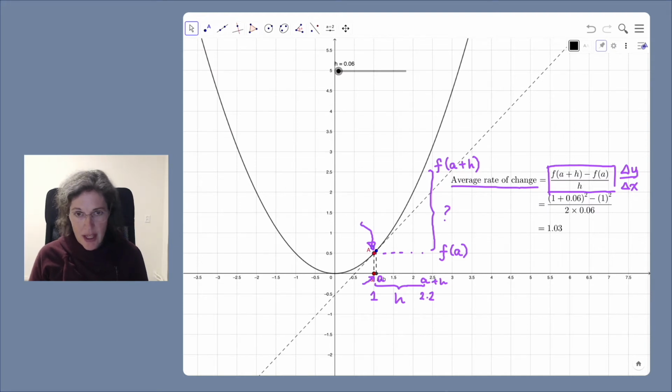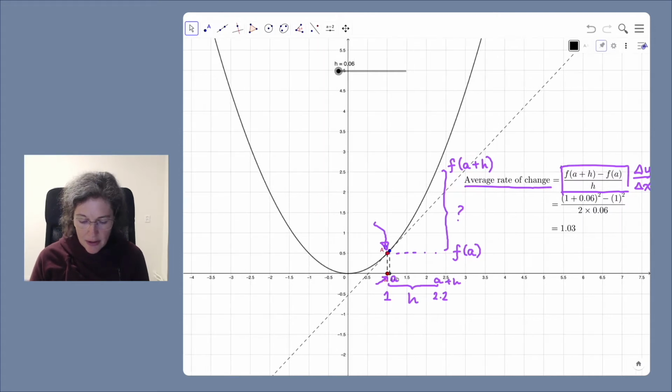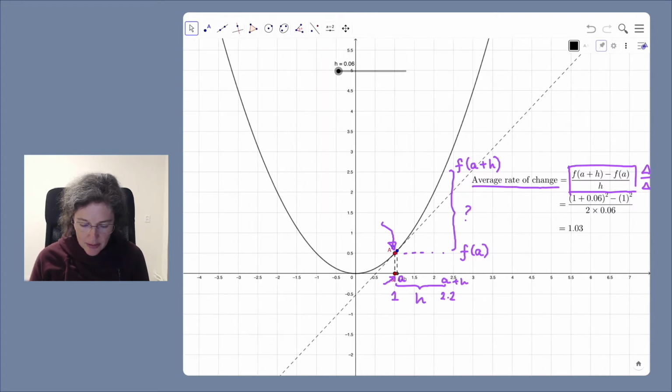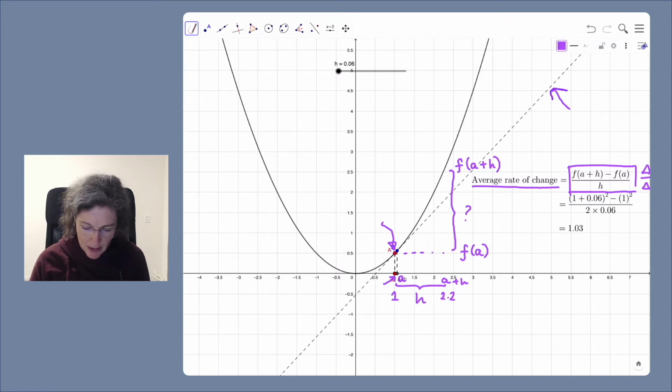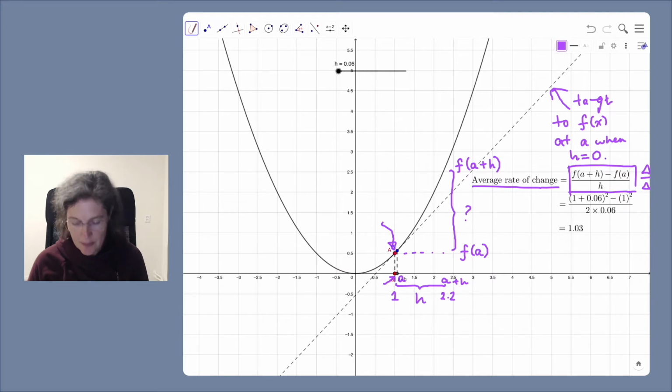And if I was to take h right down to 0, you'd see that I now have this line here. This line here is the tangent to f of x at a when we've reduced our h all the way down to 0.